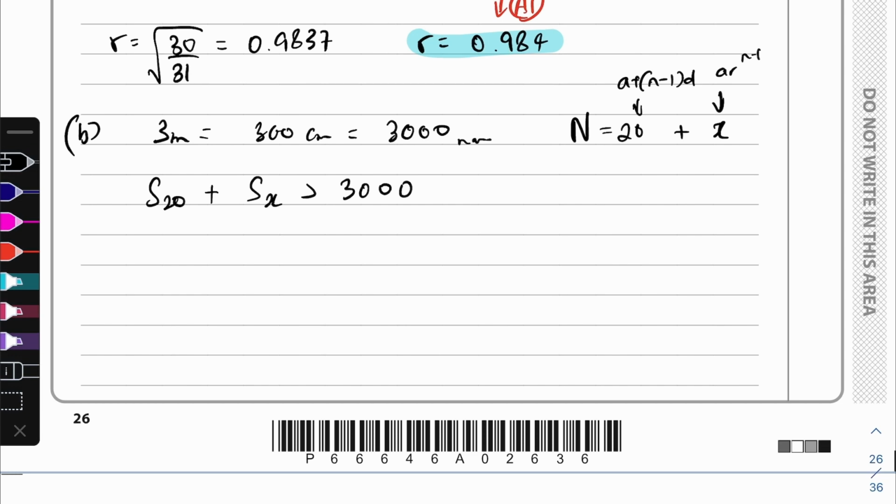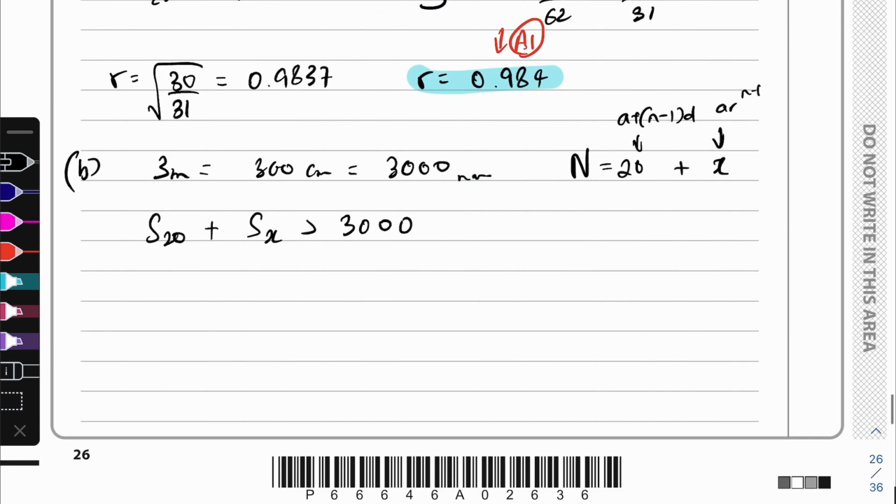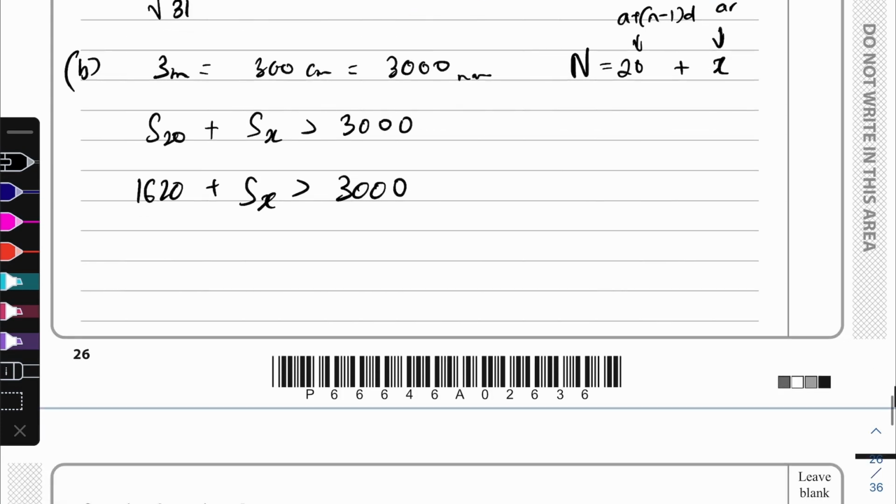So do we know these values? Yeah, we do. So let's try to work them out. The sum of the first 20 terms we worked out is 1620 millimeters. So 1620 millimeters plus the sum of x is greater than 3000. So the sum of x, which is the geometric sequence, becomes greater than 1380.